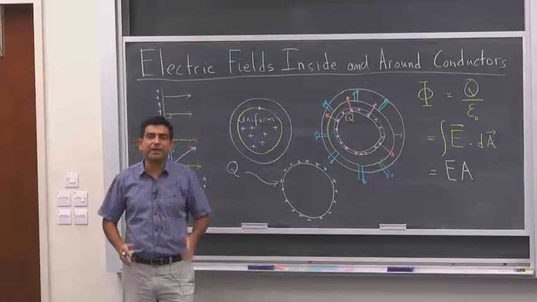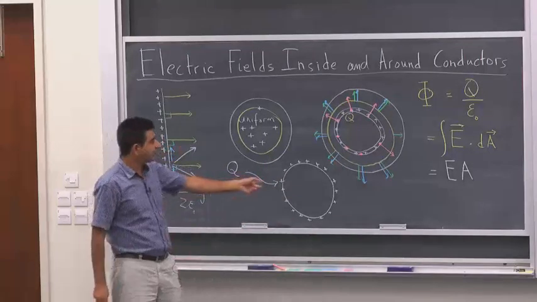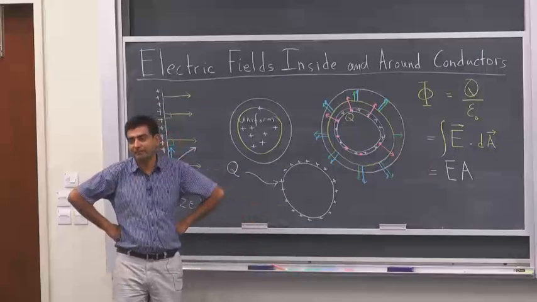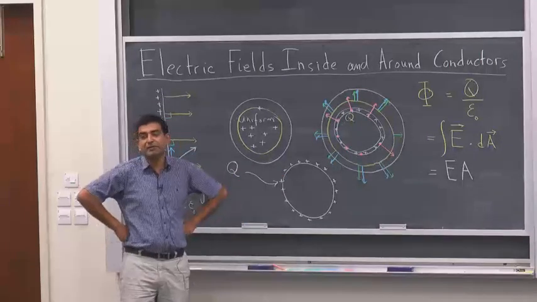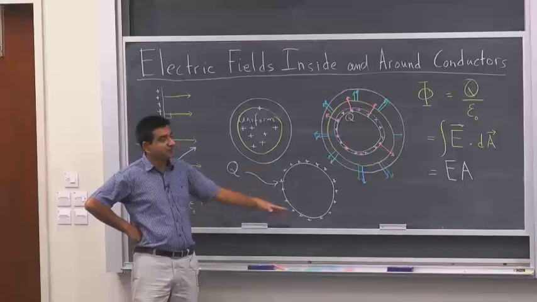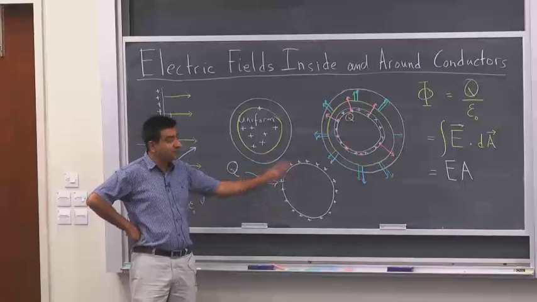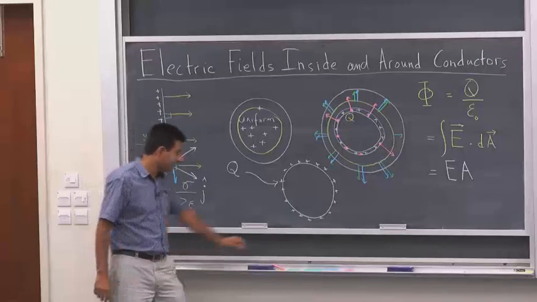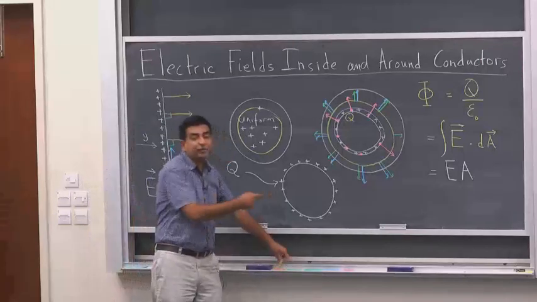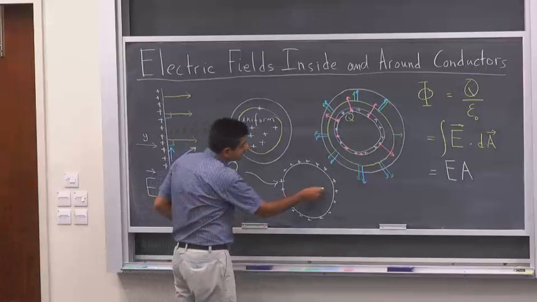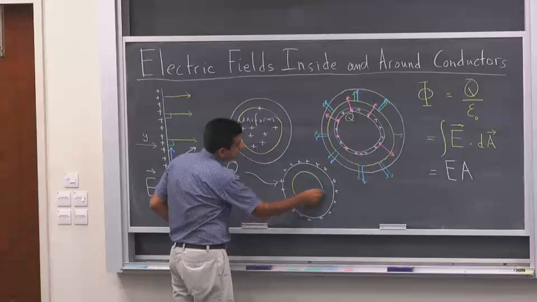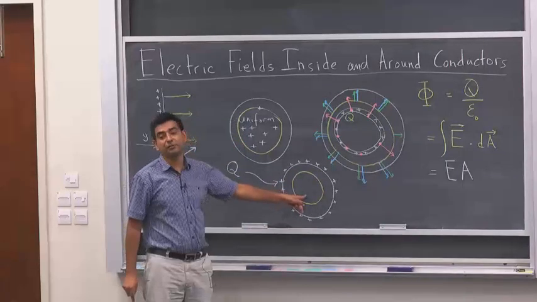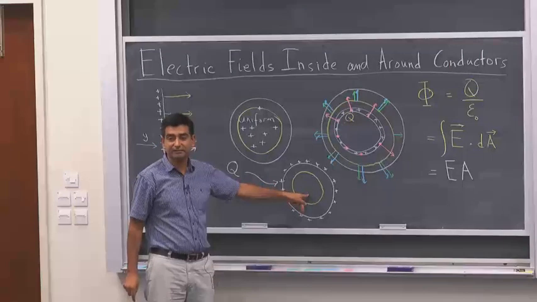Now what we would like to know is what's the electric field that is produced by this charge distribution. Because a point charge produces an electric field. So this charge distribution that's on the outer periphery of the surface would also produce an electric field. Remember that in this scenario, if I were to draw a Gaussian surface inside the sphere, the flux through this surface is going to be zero because there's no charge inside.